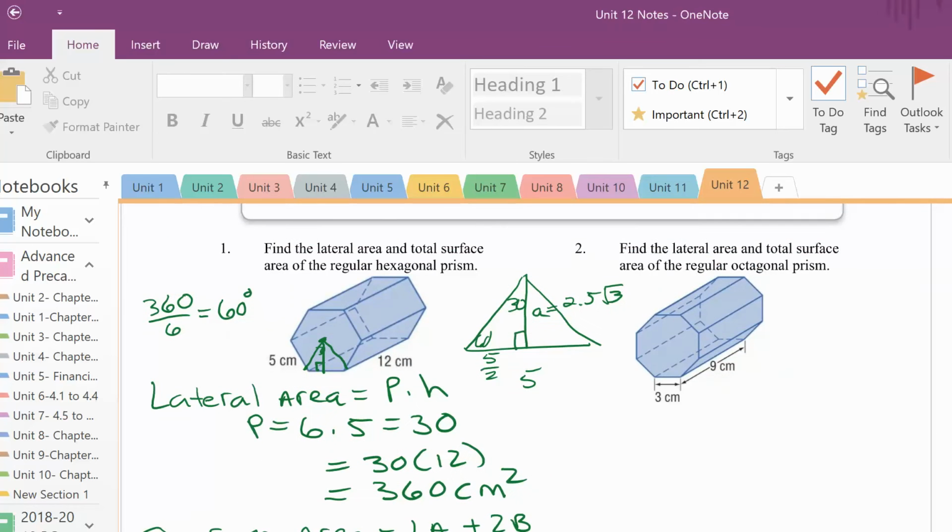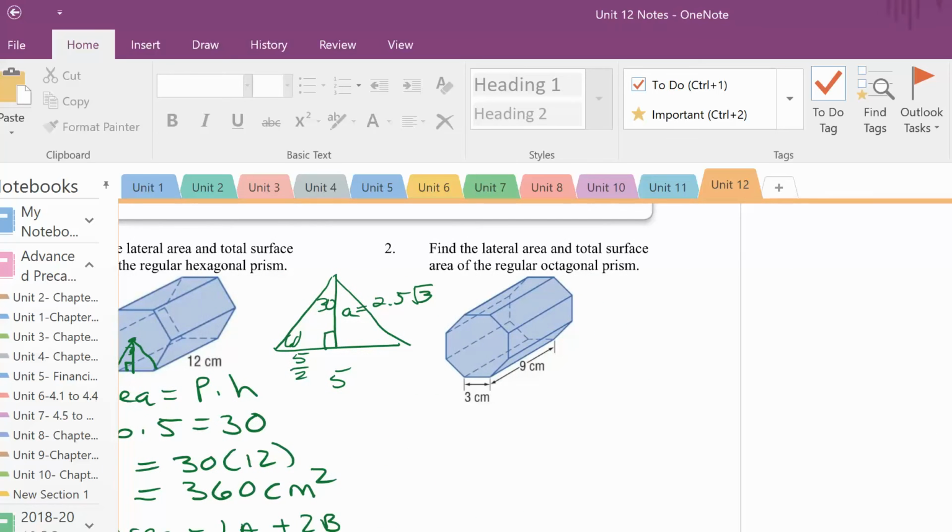All right, now an octagonal prism. To find the lateral area, remember it's perimeter of the base times the height. So the lateral area here is 24 times 9, which is 648 centimeters squared.